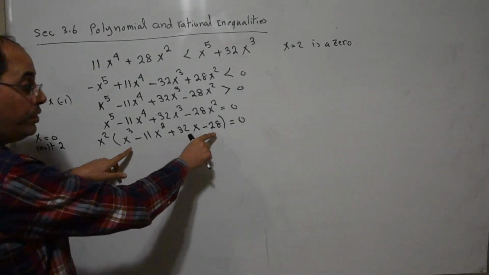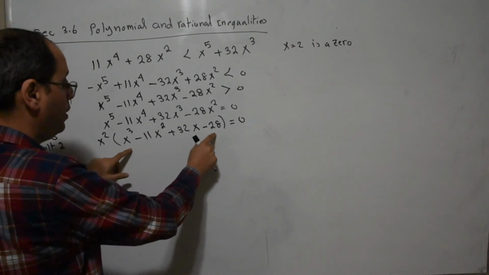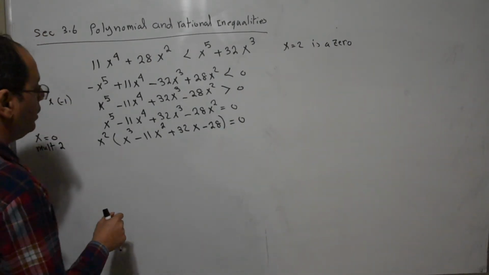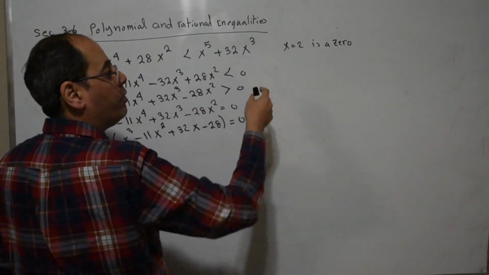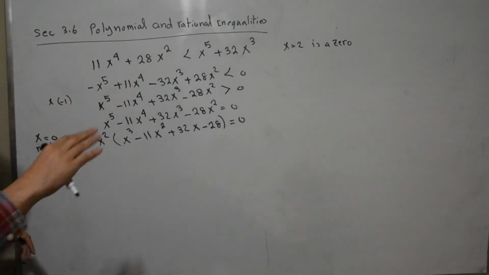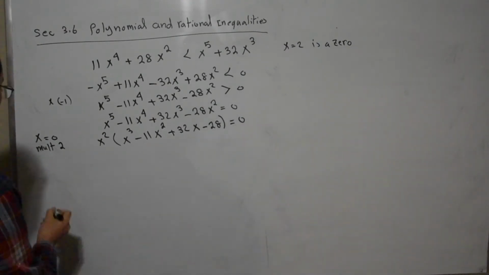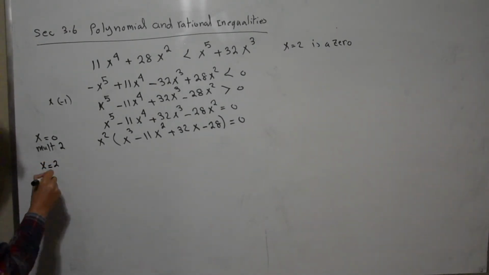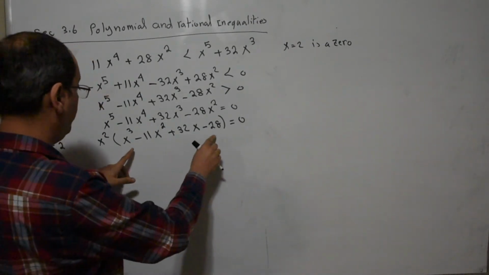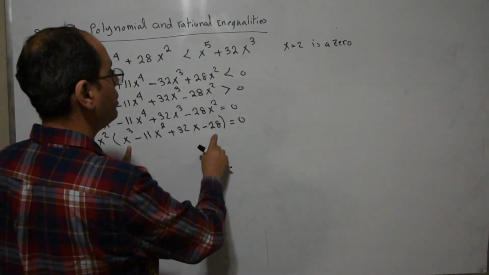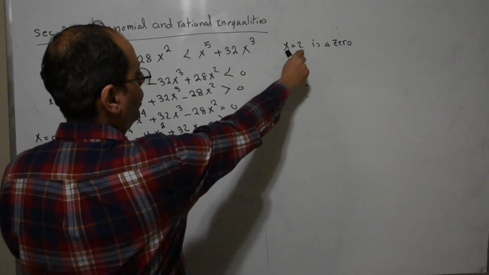So I have to get 3 extra zeros from that polynomial. Alright, but I am given that I have 2 already. So I have 2 and I want to figure out the other 2. So I have also x is 2. But how can I do that? So I'm going to use synthetic division to divide this by x minus 2.